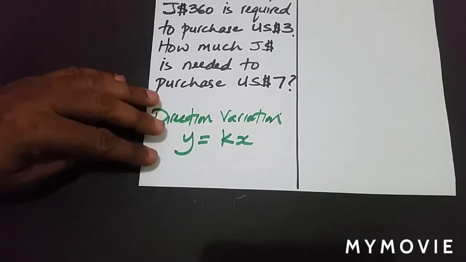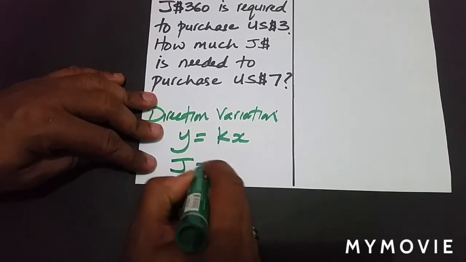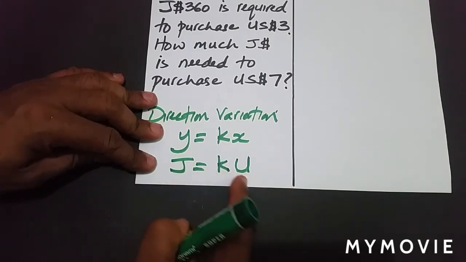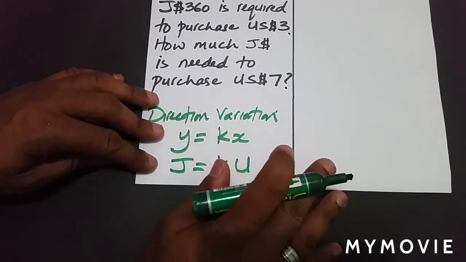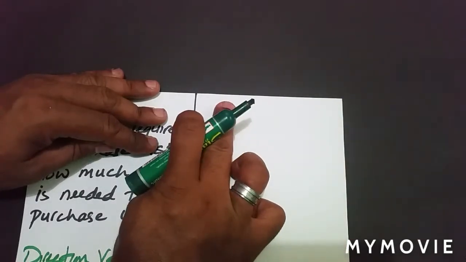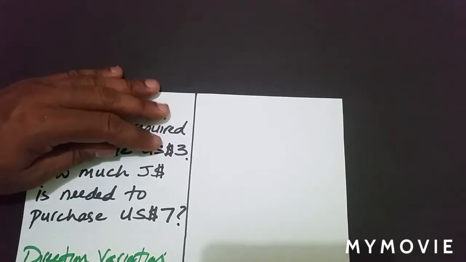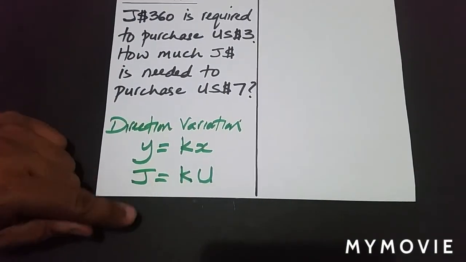Now, you have to modify this formula by using j equals, k always remains the same. So j for Jamaican and u for US, or if you do it the other way, as in put u first equals k times j, you can still work the question correctly. But I'm going to approach it this way first and then we interpret.